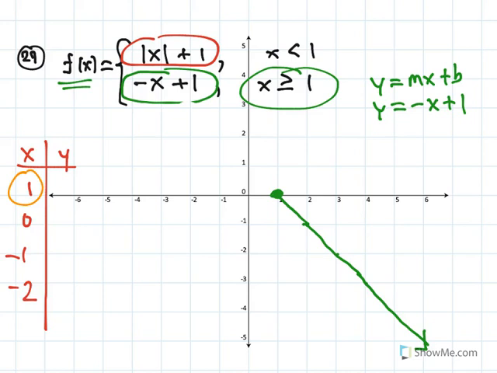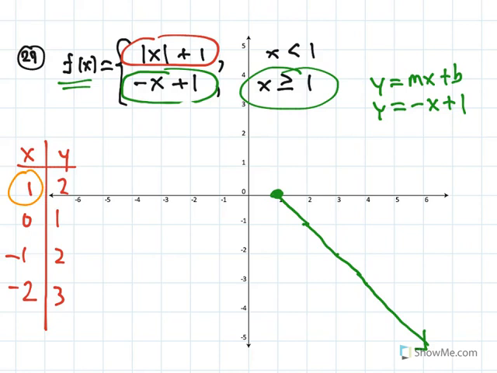The absolute value of 1 is 1. 1 plus 1 is 2. The absolute value of 0 is 0. 0 plus 1 is 1. The absolute value of negative 1 is 1. 1 plus 1 is 2. The absolute value of negative 2 is 2. 2 plus 1 is 3.